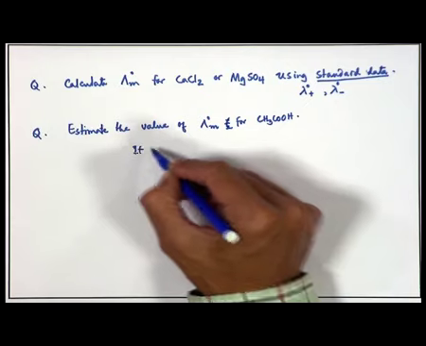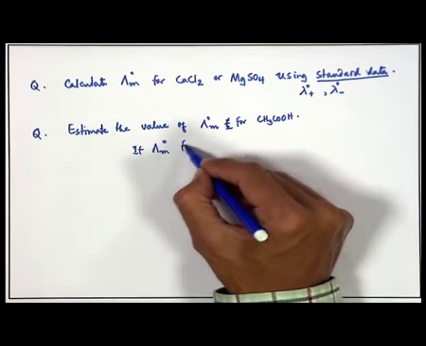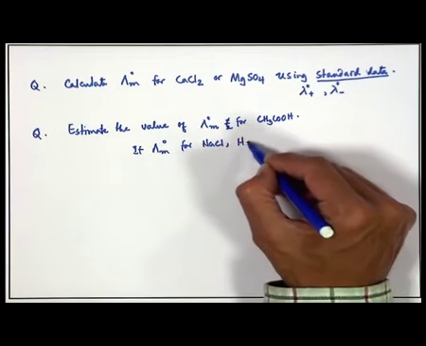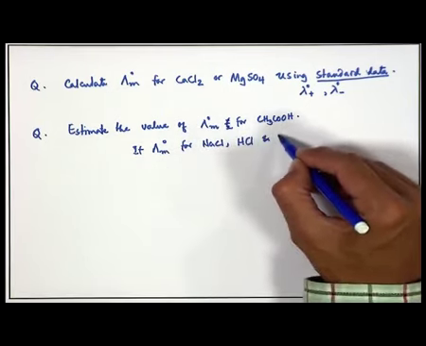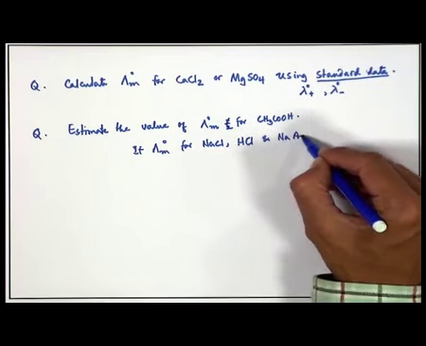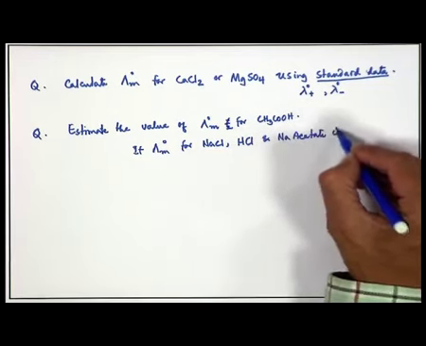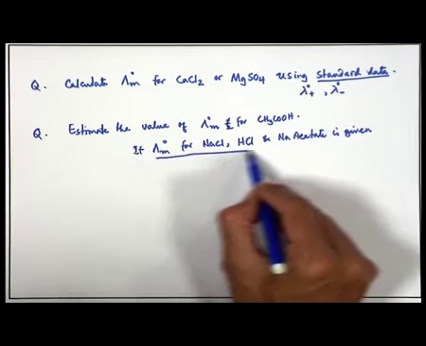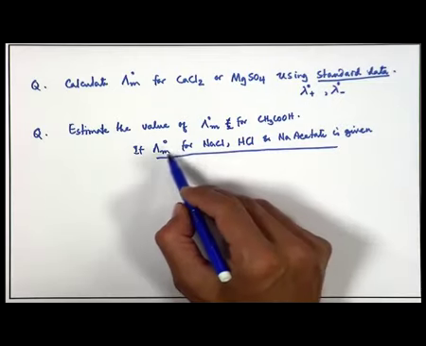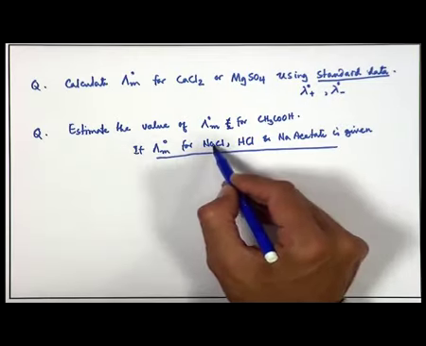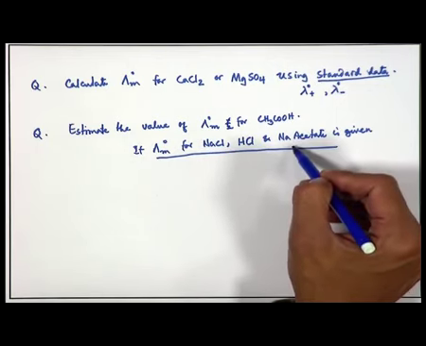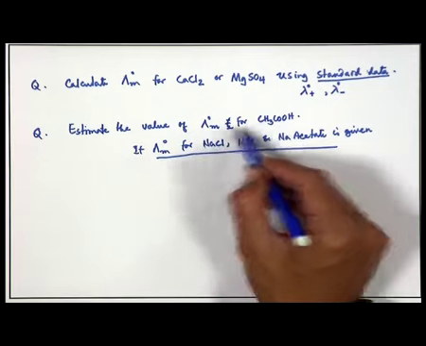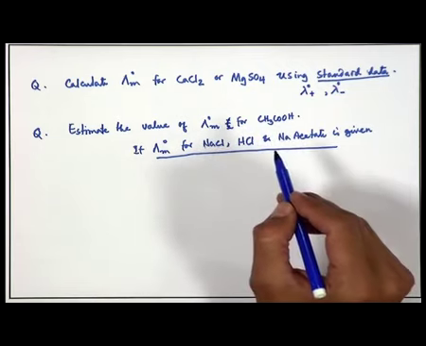If lambda m 0 for NaCl, HCl and sodium acetate is given, or in place of this you can use the standard data to find out lambda m 0 for NaCl, HCl and sodium acetate, and then plug this information into the appropriate equation to find out lambda 0 for CH3COOH.